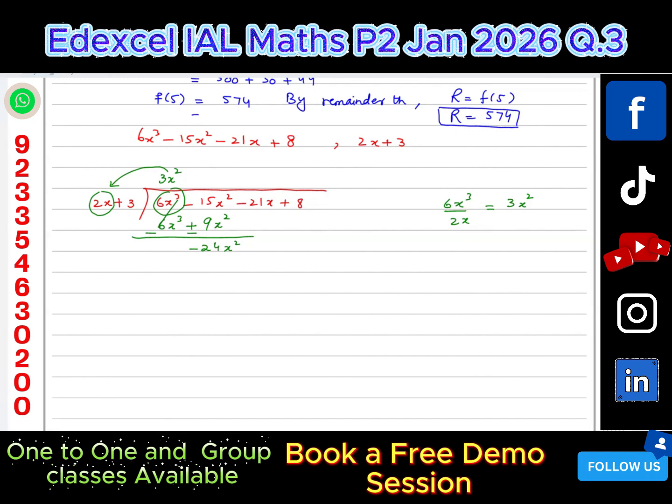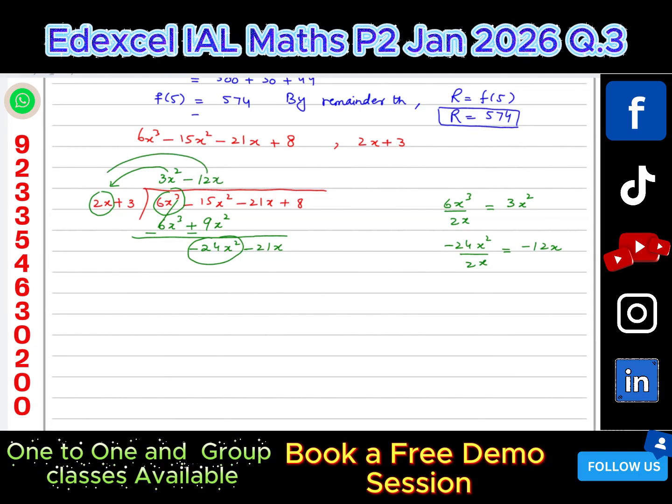Take the next term, minus 21x. Now, again, first term of the dividend and first term of the divisor. Minus 24x square divided by 2x, which is equal to minus 12x. This is the second term of the quotient, minus 12x.